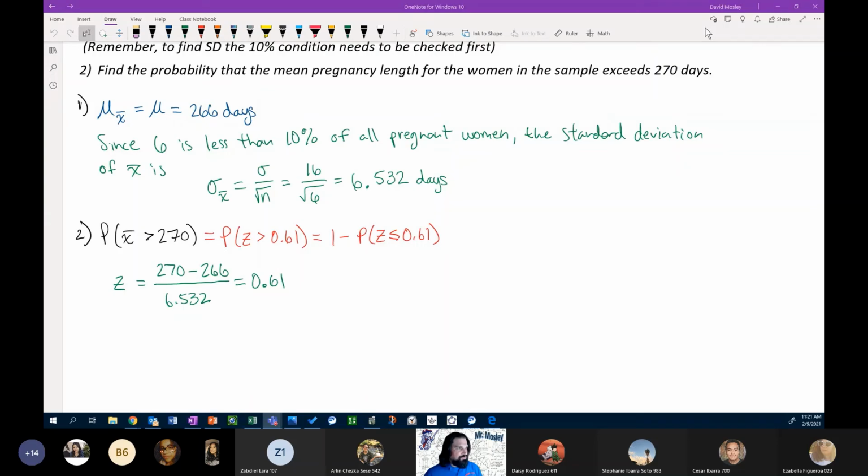That means that the probability here is 0.7291. So we have 1 minus that, and we end up with 0.2709. So the probability of the mean pregnancy length for the women in this sample to exceed 270 days is about 27%.